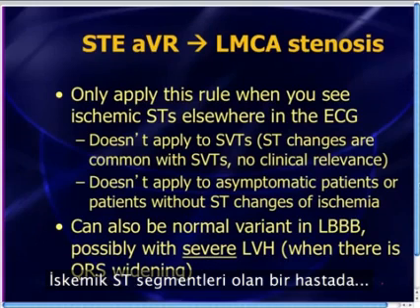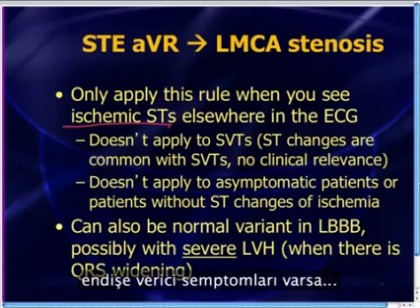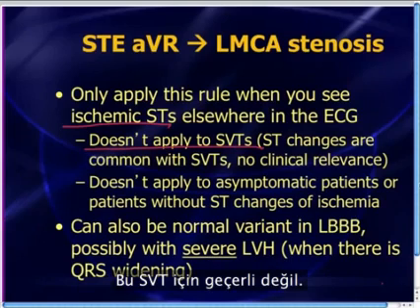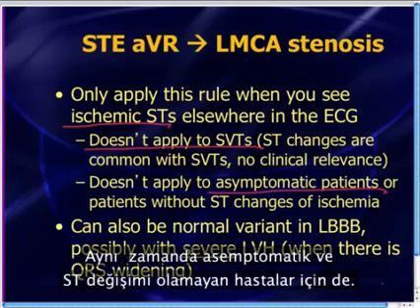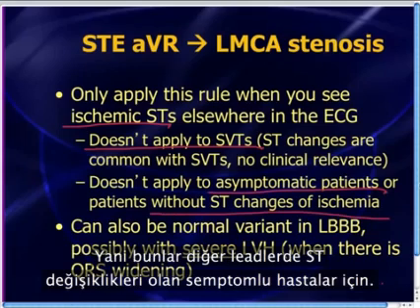Once again, when you've got a patient who's got ischemic ST segments and is having concerning symptoms, then look for that lead aVR. This does not apply to SVTs. It probably doesn't apply to rapid AFib. It also doesn't apply to asymptomatic patients or patients without ST changes. All right. So these are concerning chest pain patients that have ST abnormalities in other leads.